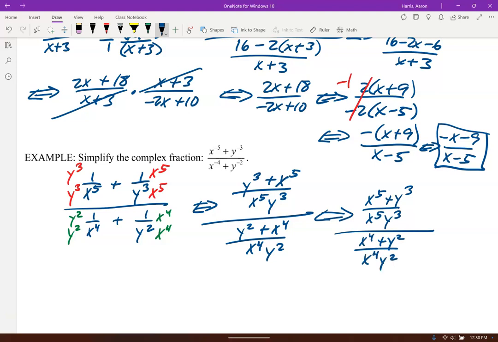Now, I have one fraction over one fraction, so I can go ahead and multiply by the reciprocal, x to the 4th y squared over x to the 4th plus y squared. So that's what I'm doing now.